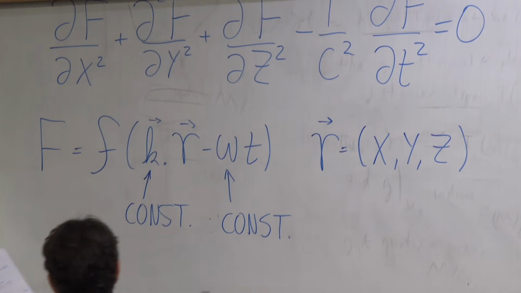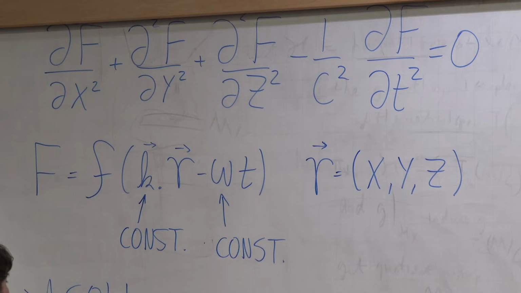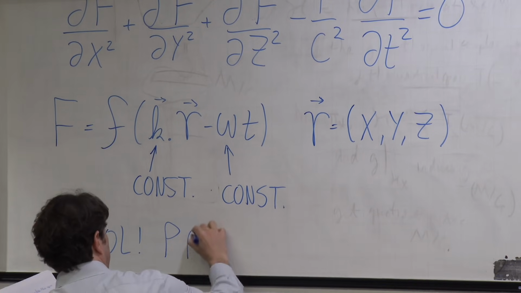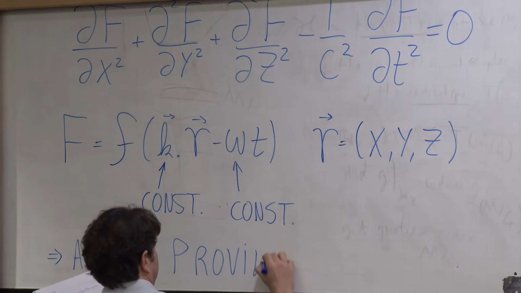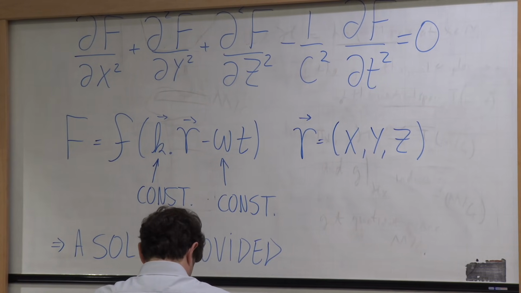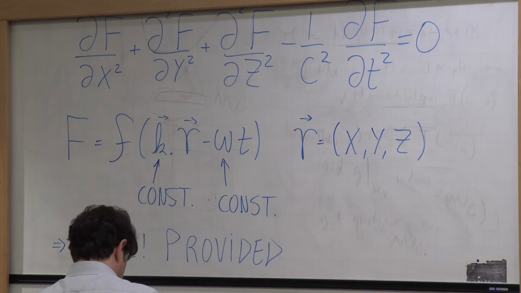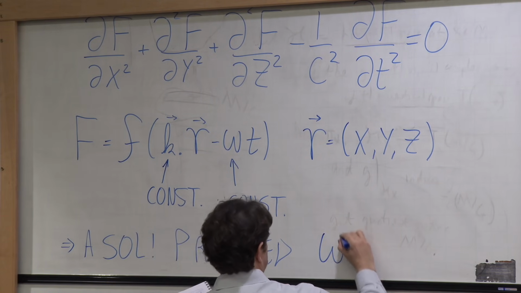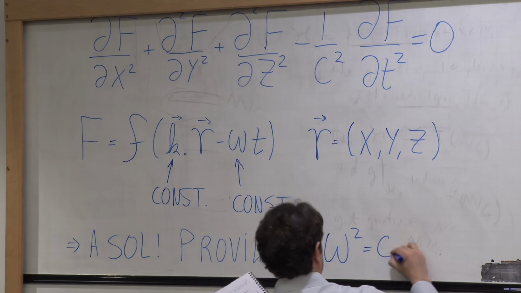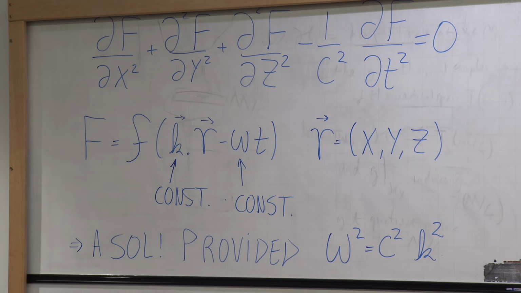So it is a solution provided the following is true: omega squared is equal to c squared times the absolute value of k squared.